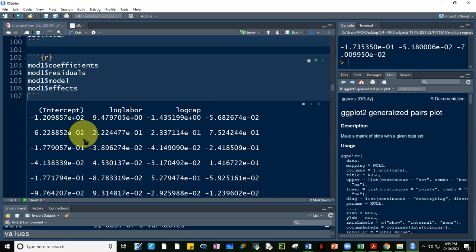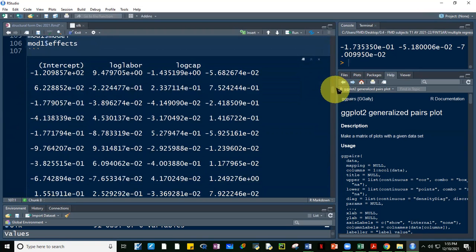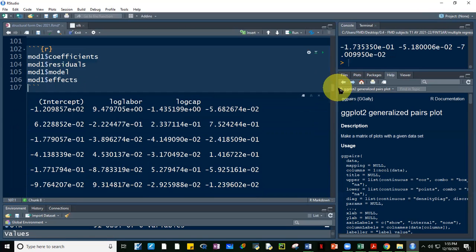Okay, so hindi ko pa na-decipher to. I'm not sure kung ano yung effects na to. Or this could be the equation mismo, no? Hindi rin eh. Okay, suspend muna natin yung discussion ito. First time ko lang na nakita tong effects na to, no?